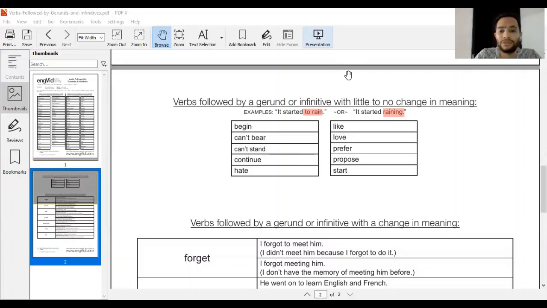Let me write two examples for you, right? Let's use the verb love. So I love to cook, right? I love to cook. That is good. Me encanta cocinar. But you can also say, I love cooking, which means the same.